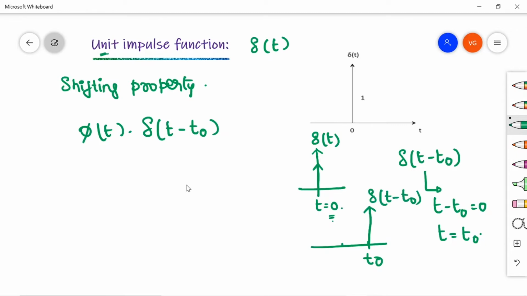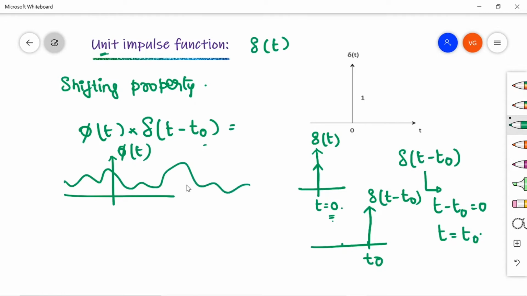If you multiply the base signal phi of t with del of t minus t naught, let us see what the resultant signal is. I am taking phi of t here, some random signal I am drawing. This I am going to multiply with del of t minus t naught, that is here.